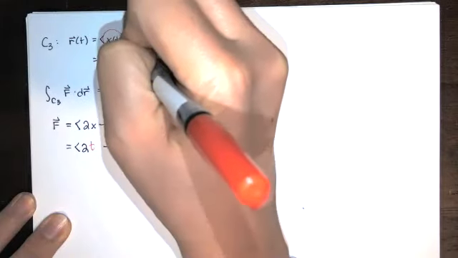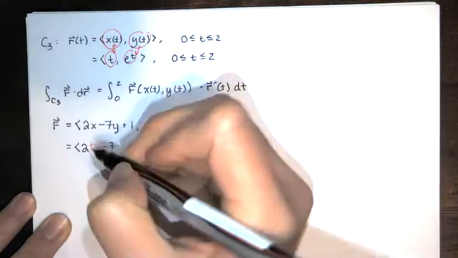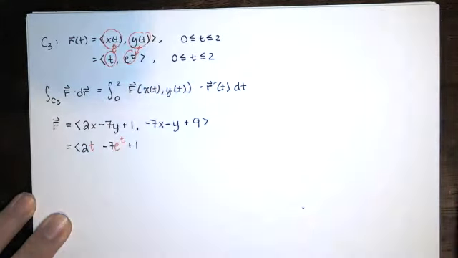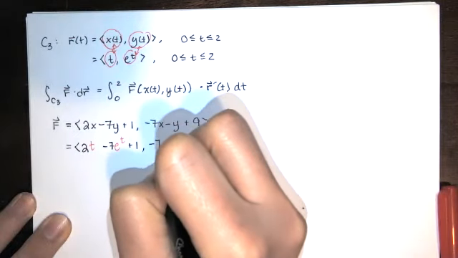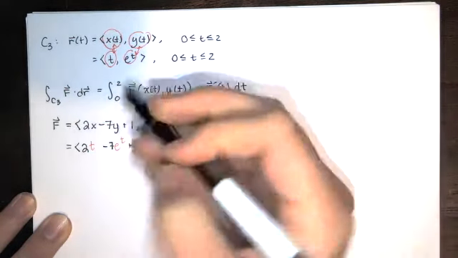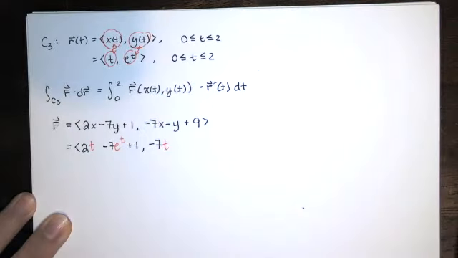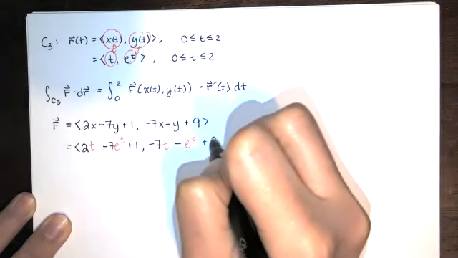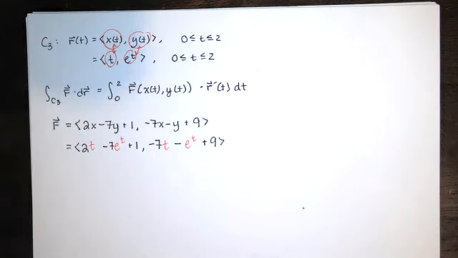And y is given by e to the t. So I'm replacing all of my y's with e to the t's now. So I have negative 7 times x, which is t, minus y, which is e to the t. I'm adding 9 to that. So that's my field F.